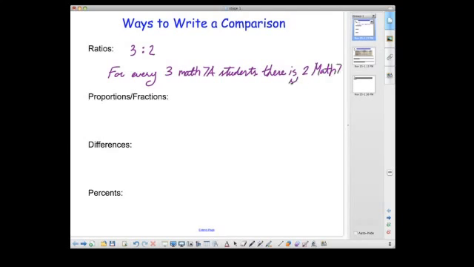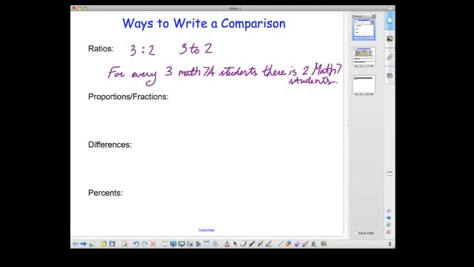So obviously this is a little inaccurate because we have more Math 7 students than accelerated students, but just as an example. When you read a ratio, you say for every 3 Math 7 Accelerated students, there is 2 Math 7 students. So that's why another way you can write a ratio is 3 to 2.